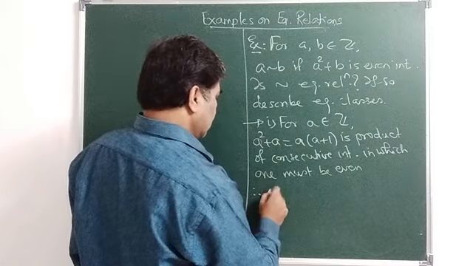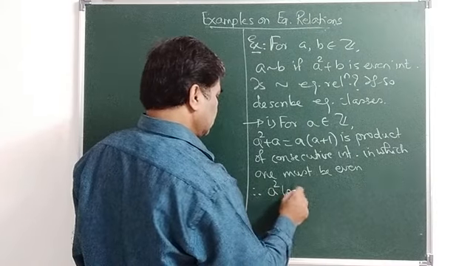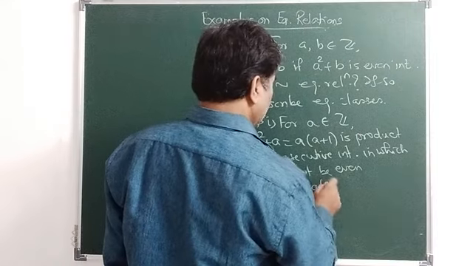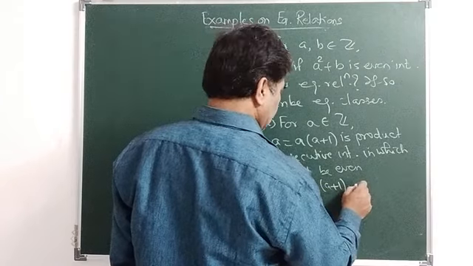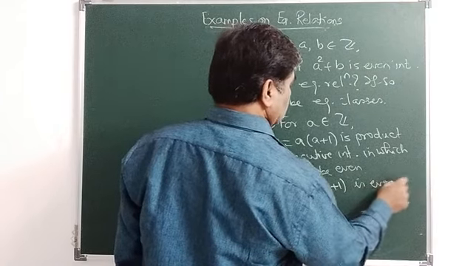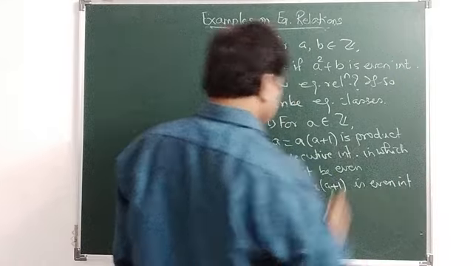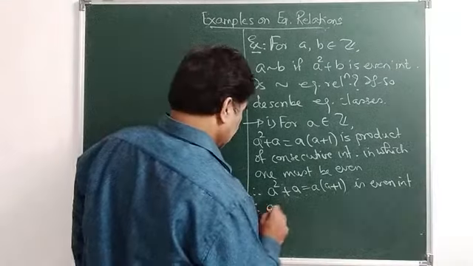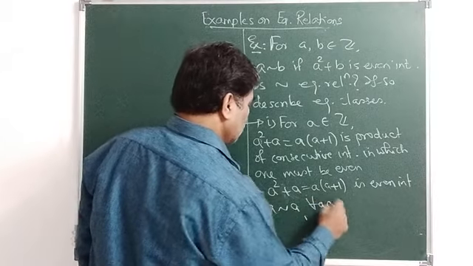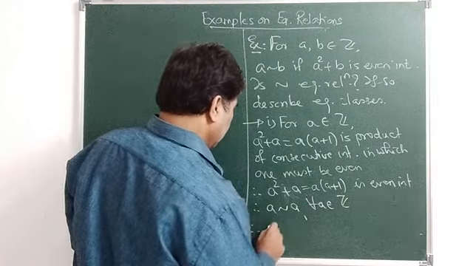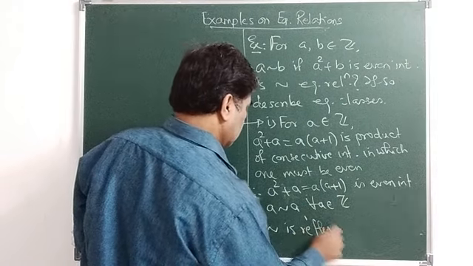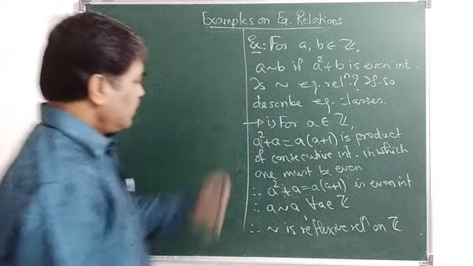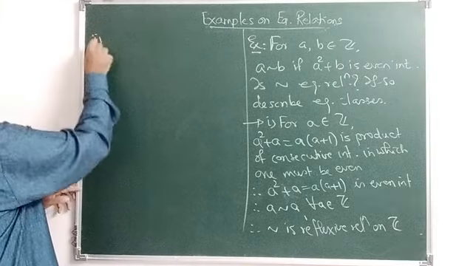And therefore, a square plus a is equal to a into a plus 1, which is even. An even integer into any other integer must be an even integer, okay? And therefore, a is related to a for any a belongs to Z. And therefore, tilde is a reflexive relation on Z.